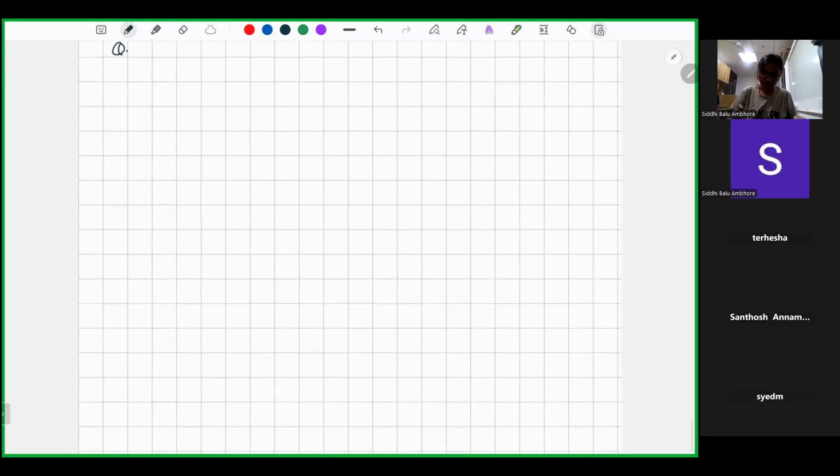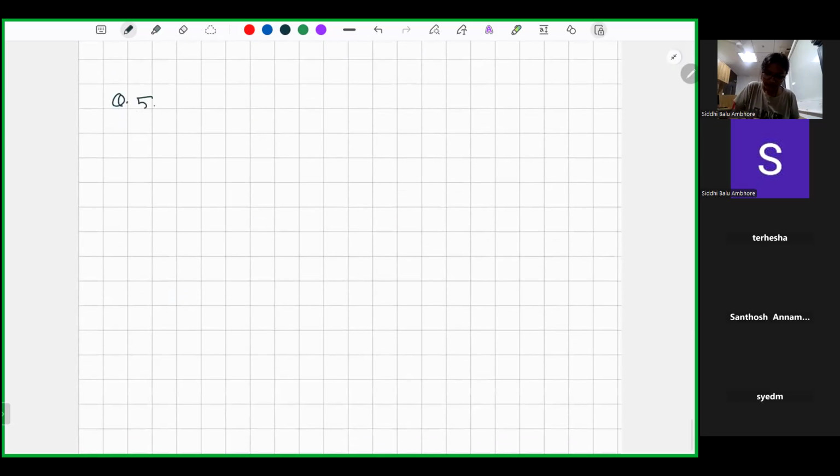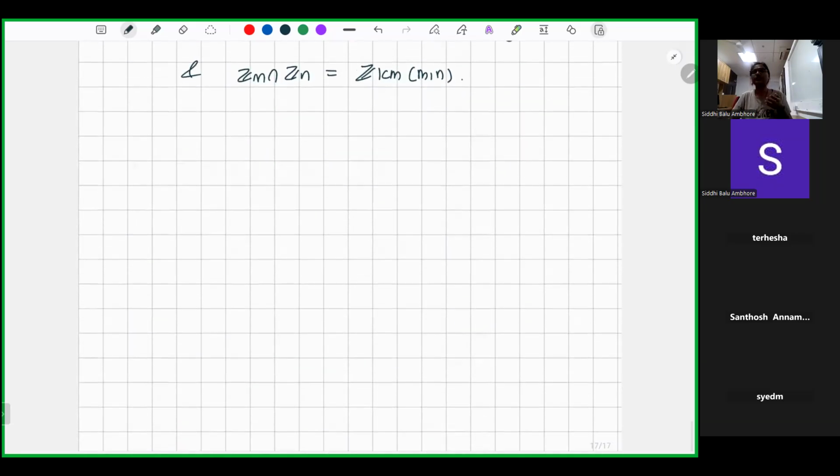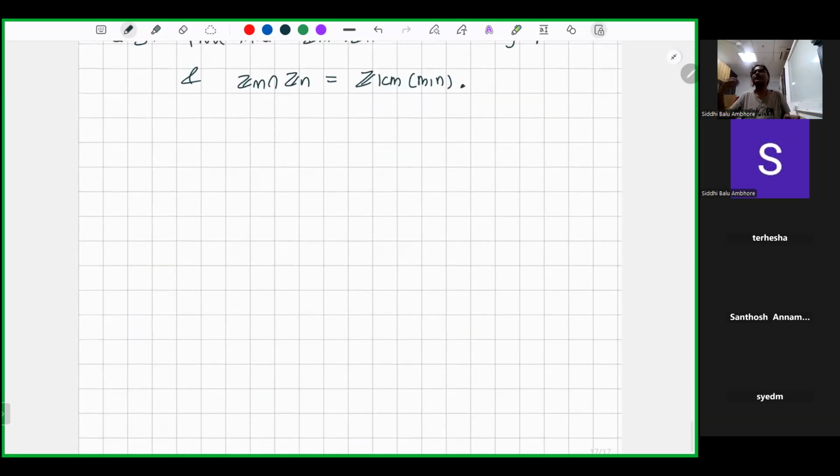It is question 5: prove that Zm intersection Zn, containing Z, is a subgroup, and Zm intersection Zn is Z times LCM of M and N. You can prove this, trying to prove it in a similar way to what we did for GCD.